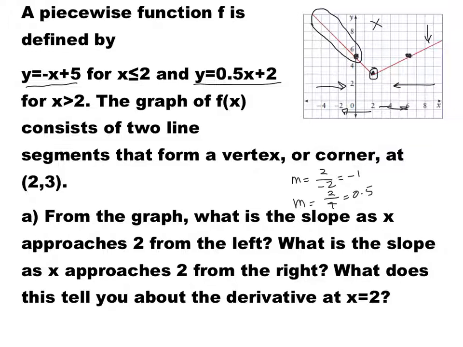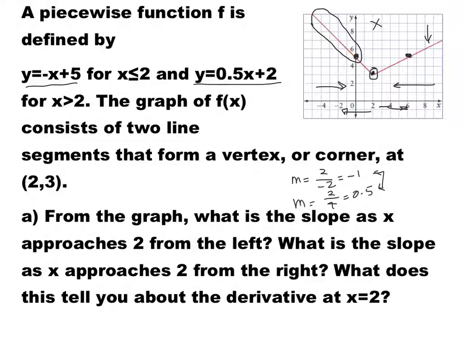You can see that the slopes going from left and going from right are different. So this means that there is no limit at x equal to 2, so the function is not differentiable at x equal to 2. So there is no value for the derivative at x equal to 2.